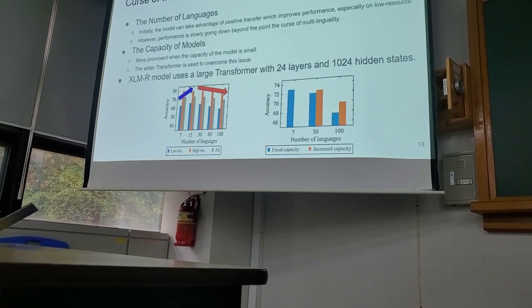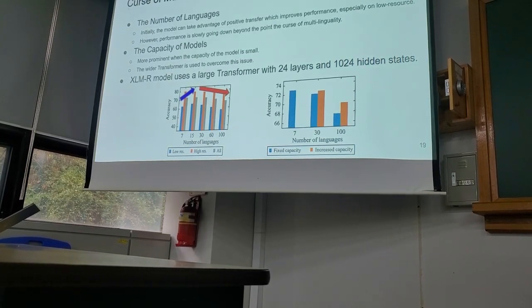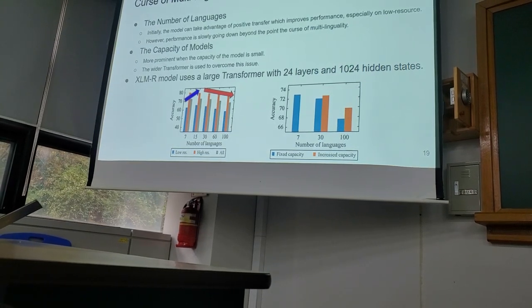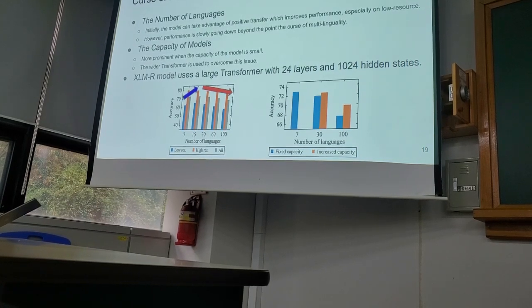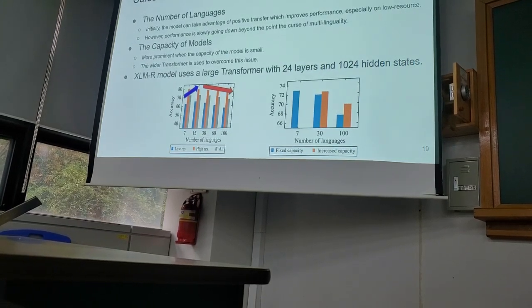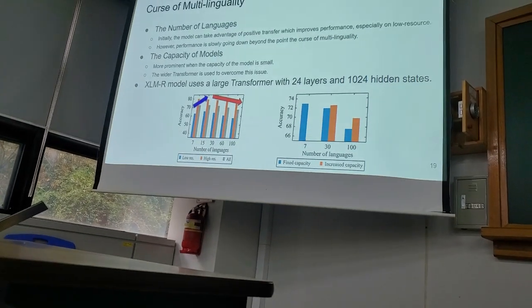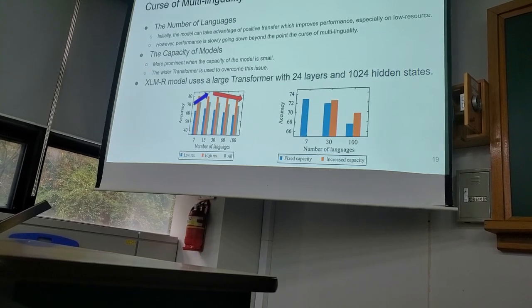This issue is called the curse of multilinguality. It is more prominent when the capacity of the model is small, as you can see in the right figure. To resolve this issue, the XLM-R model is trained with a large transformer with 24 layers and 1024 hidden states.